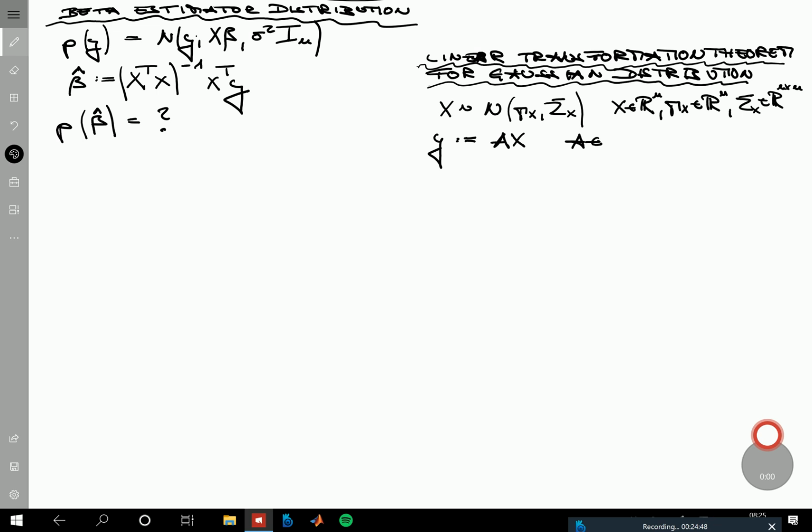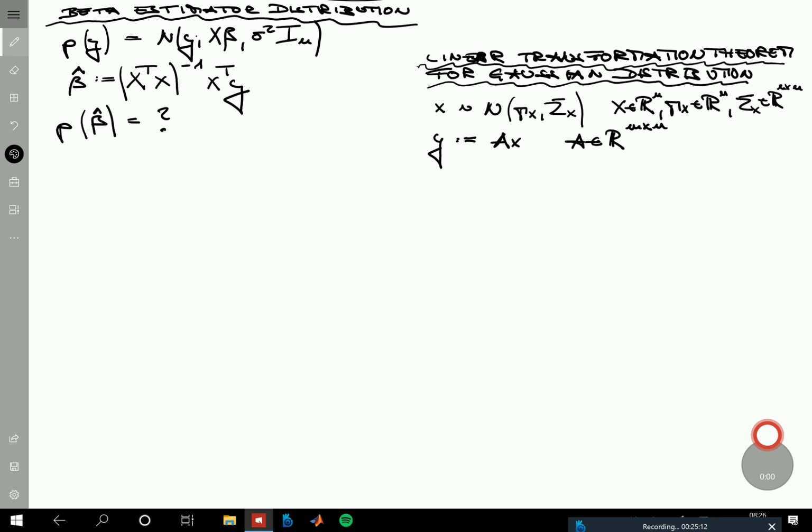It's easiest if it's n by n, but we can also make it m by n. It needs to be of full column rank, but that's a subtlety here. If we define y to be the multiple of, maybe I make small letters, then it's more in line with what we are using currently.